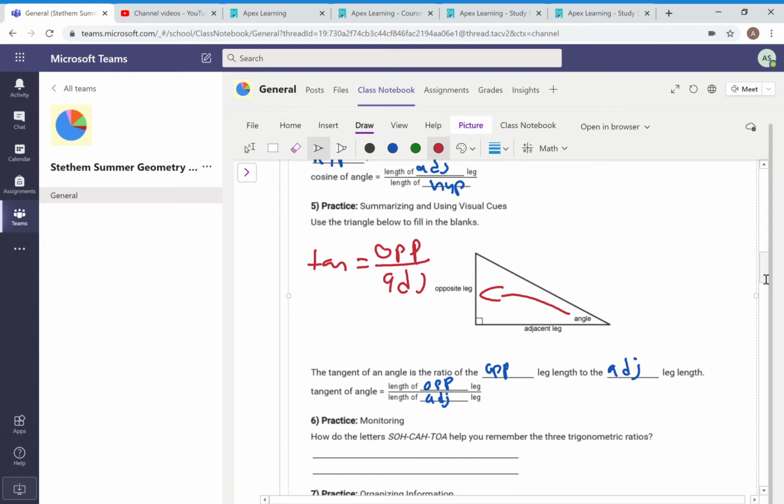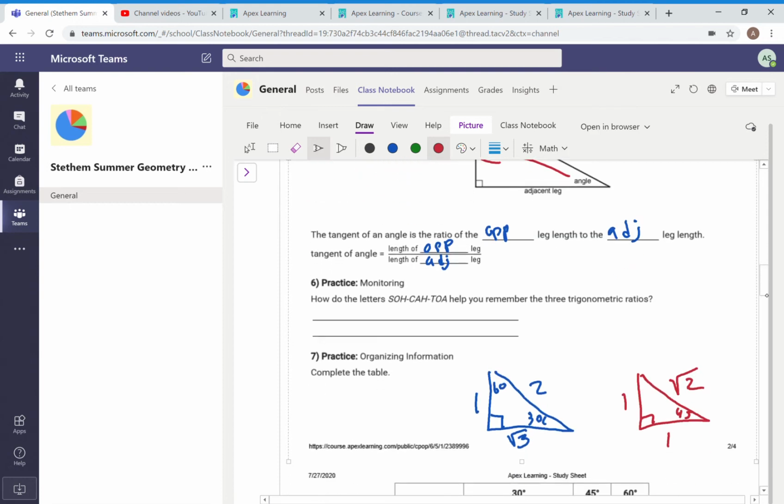There's this little saying that we do, SOH CAH TOA, to help you remember this. So the S is sine. Sine is opposite over hypotenuse, so SOH.